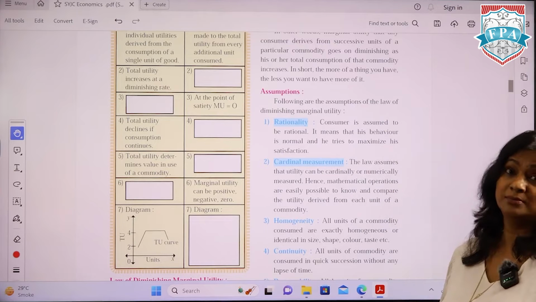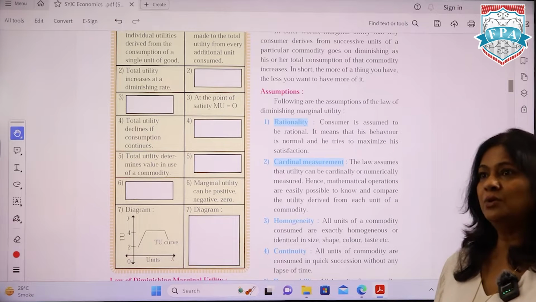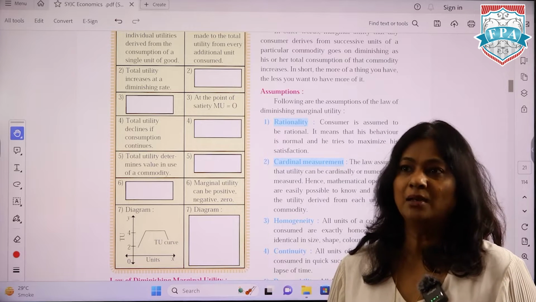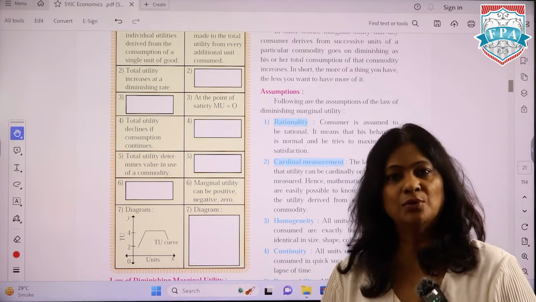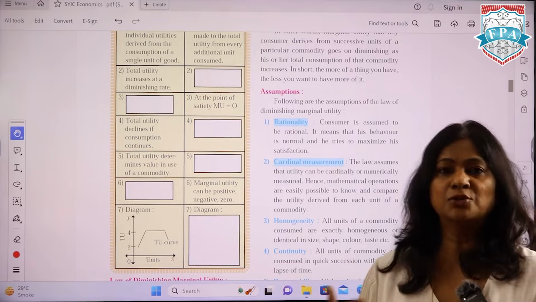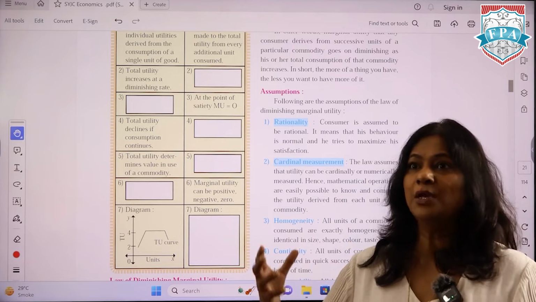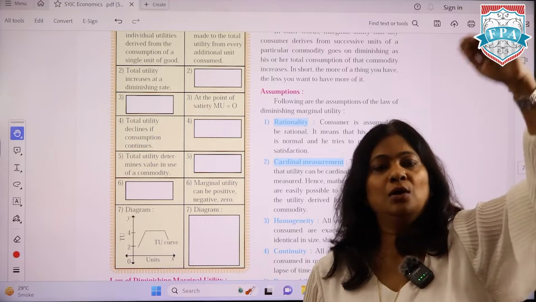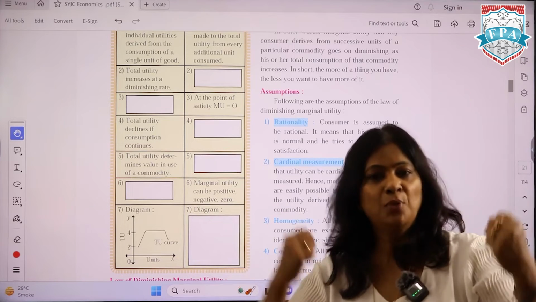Second assumption, बहुत जरूरी है. अब ऐसे तो मतलब we should not talk about things which are exceptions, like a drunkard, you keep on giving him alcohol, he'll keep on having more and more and more of it, right? A student who has that hunger of, you know, having more and more of knowledge, तो उसको तो तुम जितना देते जाओ, he'll keep on absorbing more and more of it.